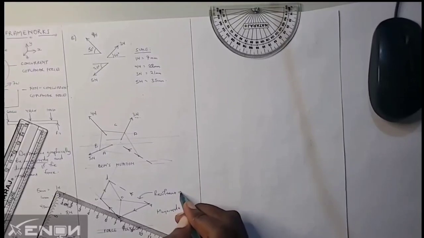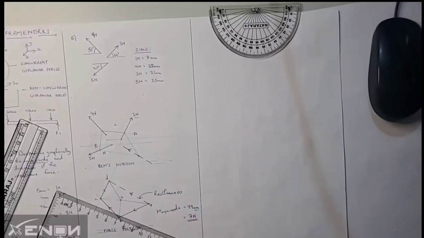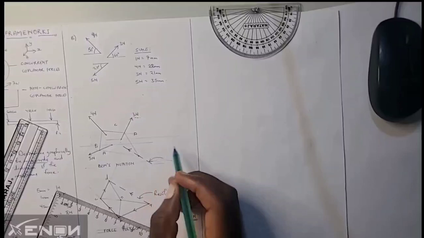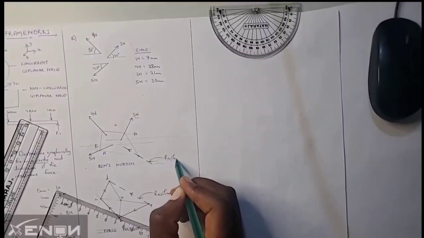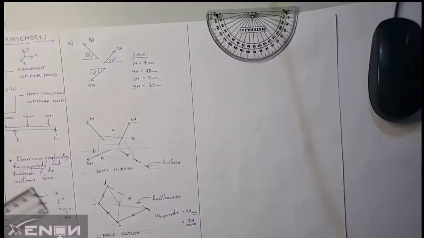Remember we said the resultant is equal to the equilibrant in magnitude. They only change the direction. So if this is our resultant, if the question wanted the equilibrant, we would draw the same line at the same point but simply reverse the direction. And that, ladies and gentlemen, is how we handle concurrent and non-concurrent forces.